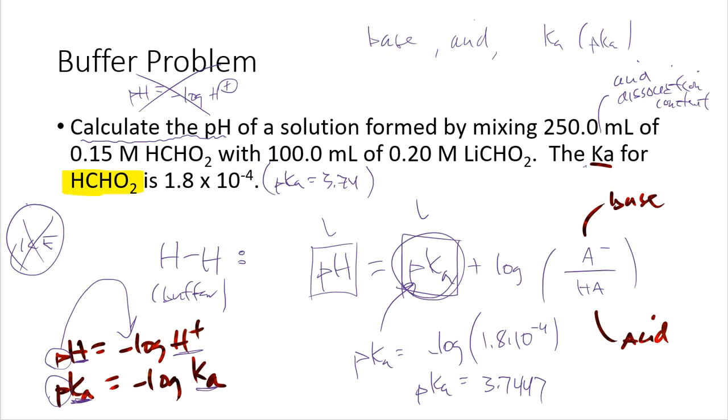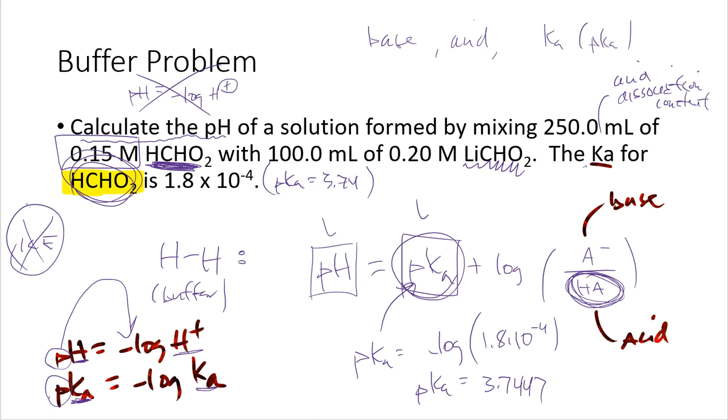So it says the Ka, the acid dissociation constant, for this. That means that this is the molecule that's the acid, which means that this molecule that is written prior is going to be the acid, and this concentration has something to do with it, and that is the HA in the Henderson-Hasselbalch equation down here at the bottom. Okay, well, what's this LiCHO2? This is the base form.